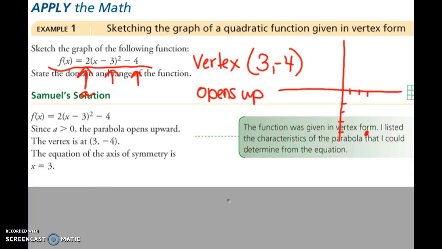So we probably need to have another point somewhere. So the easiest thing to do is to take this equation, and for every x that's in the equation, let's put 0, meaning we'll find the y-intercept.